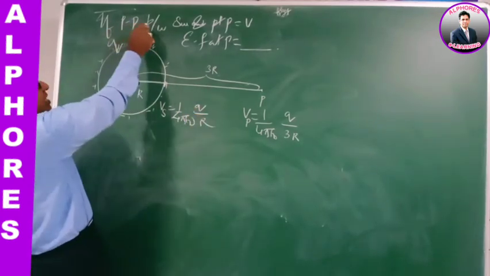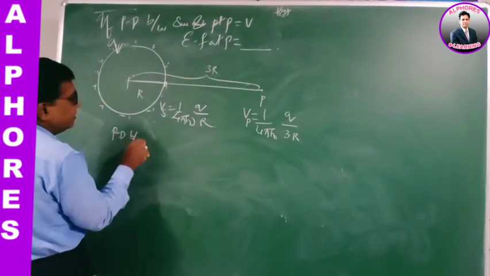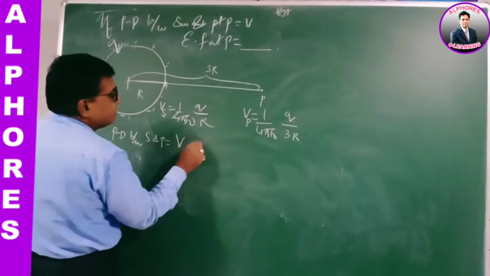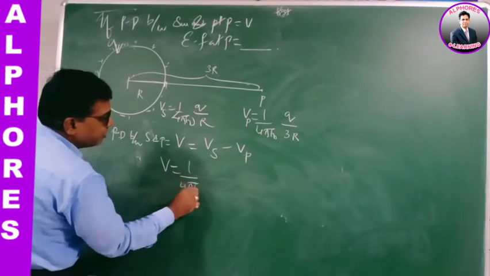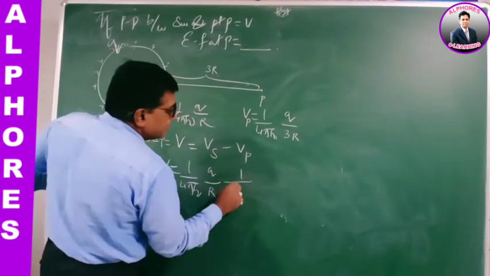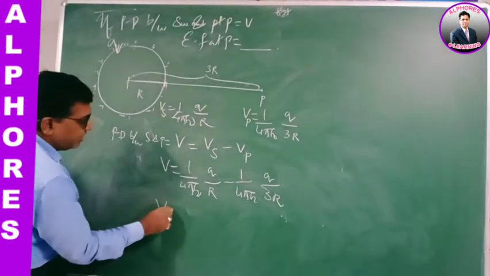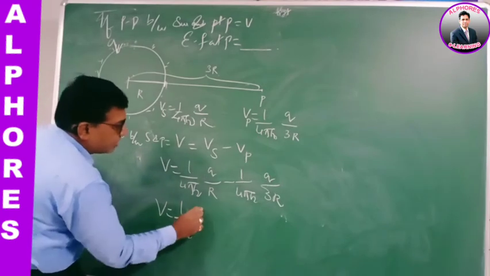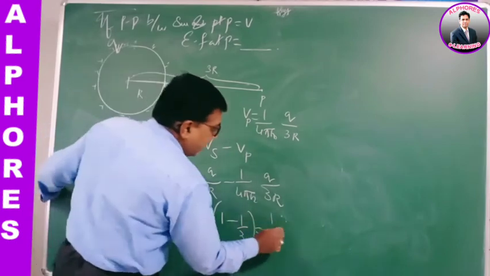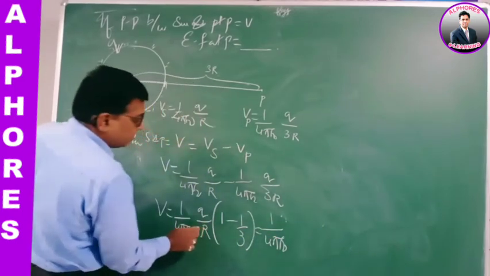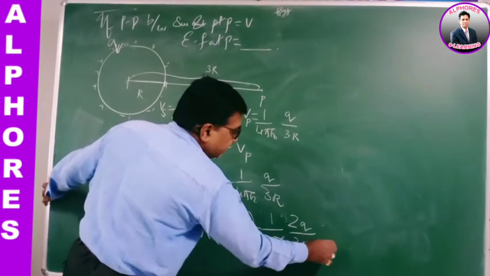Given the potential difference between the surface and point P is V, V is Vs minus Vp, which is 1 by 4 pi epsilon naught q by r minus 1 by 4 pi epsilon naught q by 3r. Taking q by r common, 1 minus 1 by 3 is 2 by 3, so V is 1 by 4 pi epsilon naught 2q by 3r. This is equation 1.